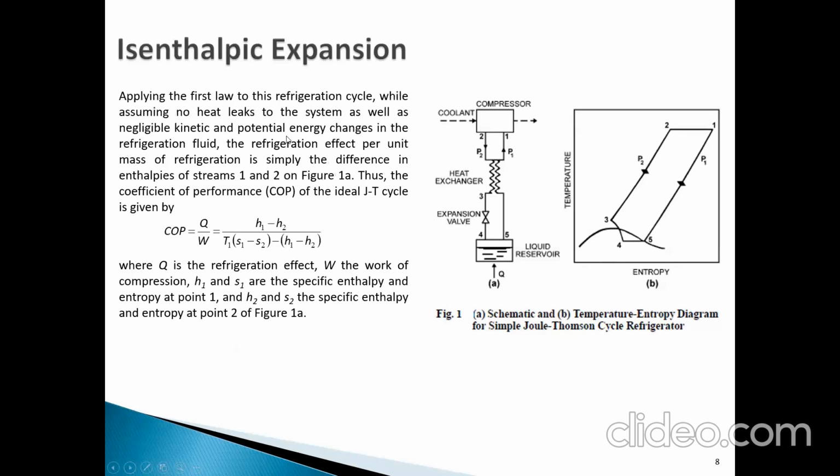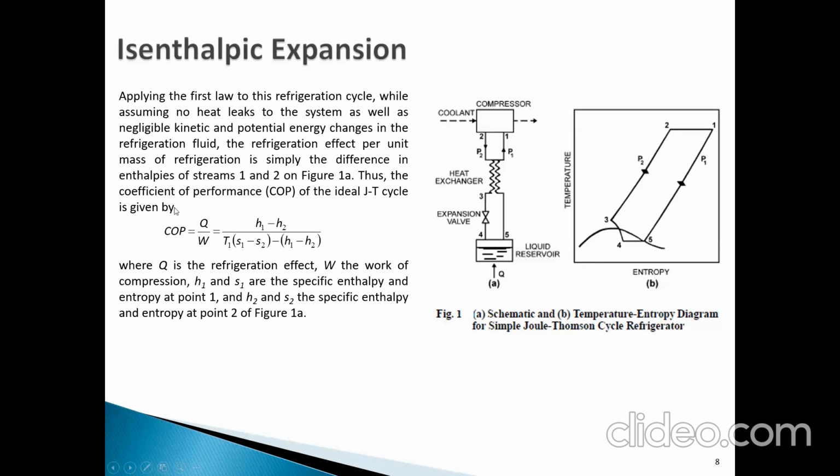Applying the first law to this refrigeration cycle, assuming no heat leaks to the system as well as negligible kinetic and potential energy changes in the refrigeration fluid, the refrigeration effect per unit mass of refrigerant is simply the difference in enthalpies of streams 1 and 2 in figure 1a.